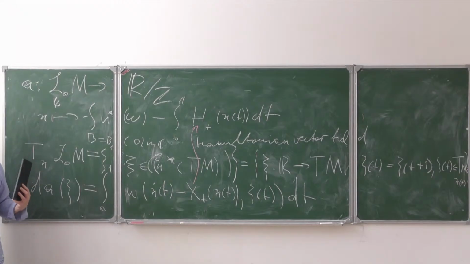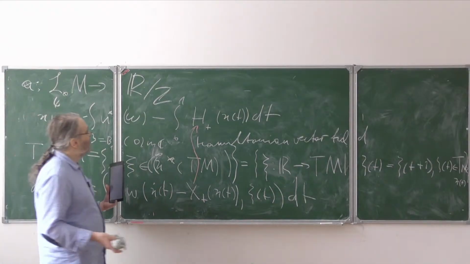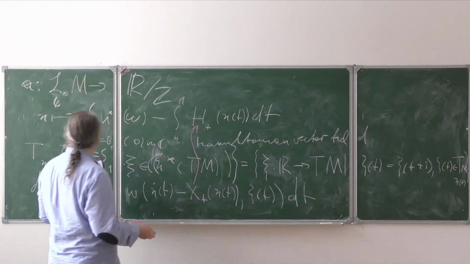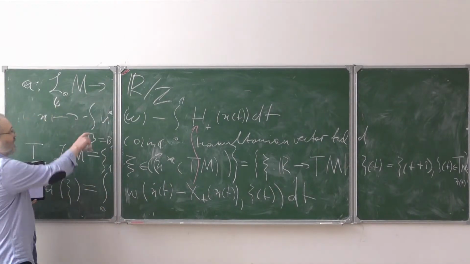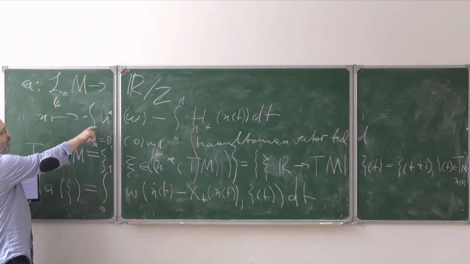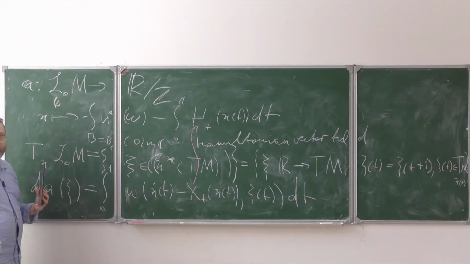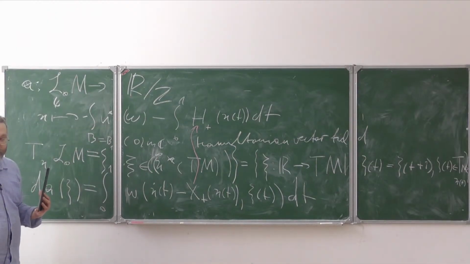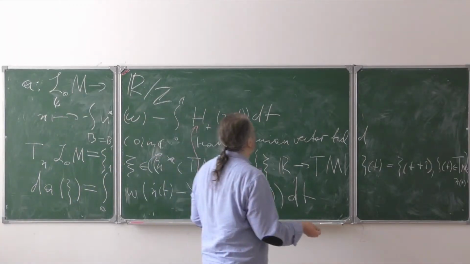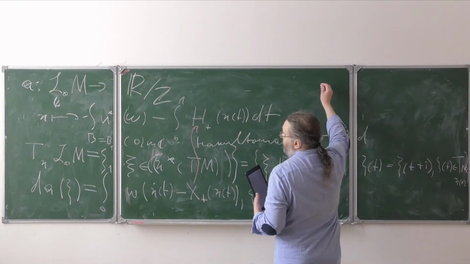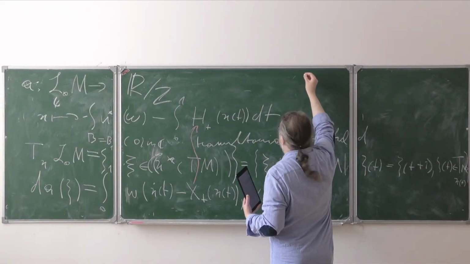Okay, now I need to erase everything because the board is quite small. Probably I will put the formula for the action somewhere, because we will use it quite a few times, and then I'll erase the rest.